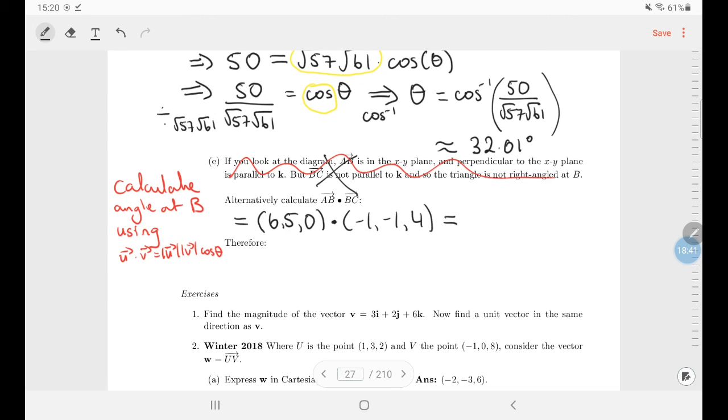So I'll do the dot product of these. So I get 6 by -1 is -6, plus 5 by -1 is -5, plus 0 by 4 is 0. That's equal to -11, and that's not equal to 0. And if it's not equal to 0, then they're not perpendicular. So AB, the vector AB, is not perpendicular to BC.